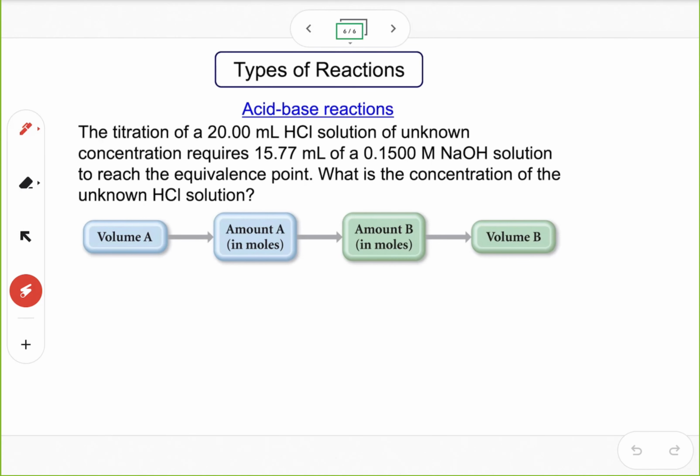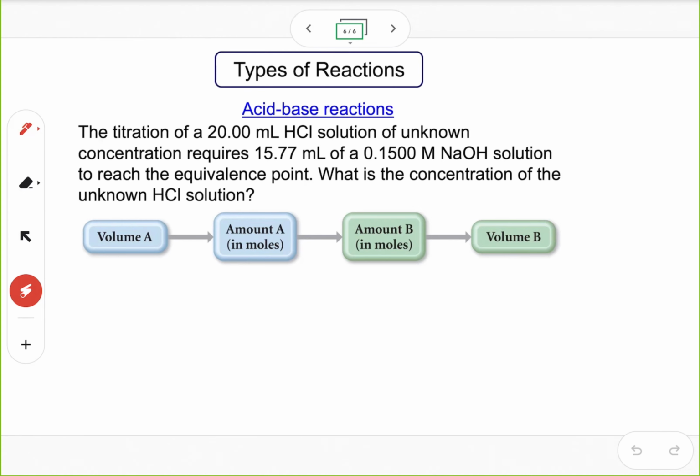In other words, the receiving flask has this hydrochloric acid solution, and you have sodium hydroxide with this concentration in the burette, and you have to use 15.77 ml of this sodium hydroxide solution to react with the hydrochloric acid solution.